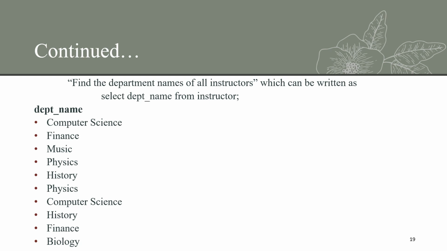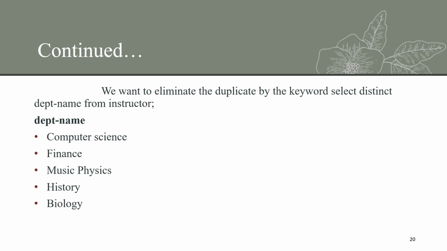You have to display the output with no repeated names, only single unique names. The output will be displayed: department names computer science, finance, music, physics, next history, biology. Computer science is repeated two times, history also repeated two times. So only one name you have to display in the department name list.